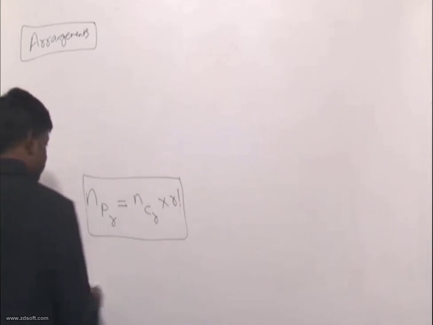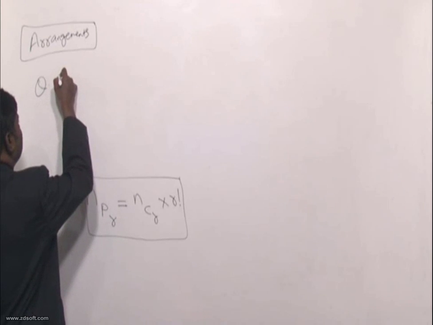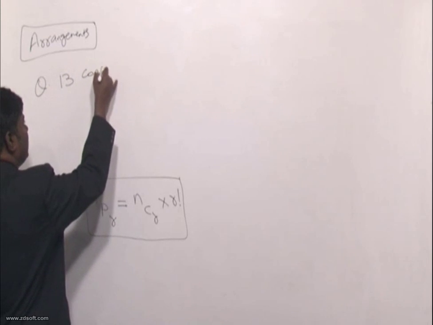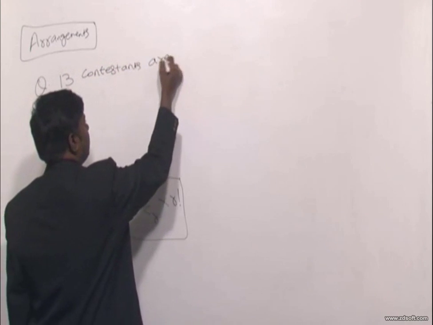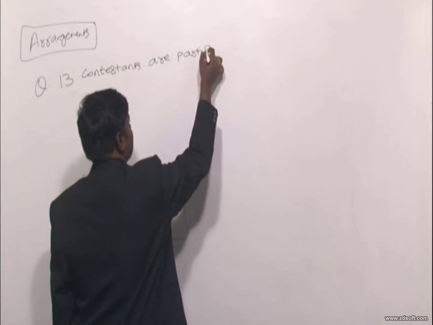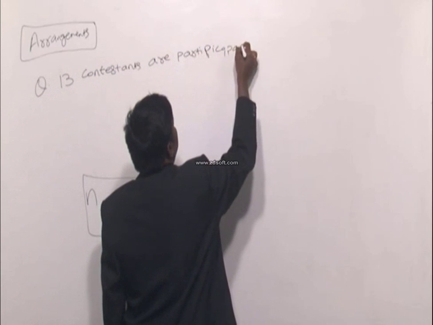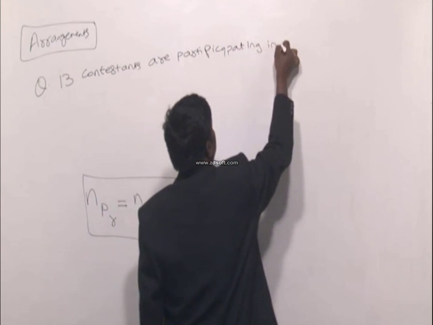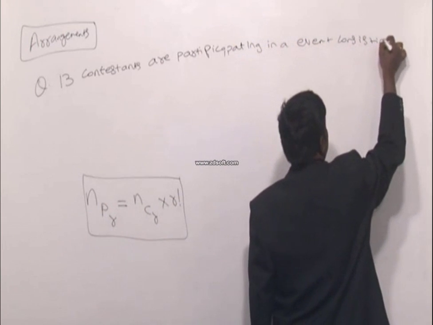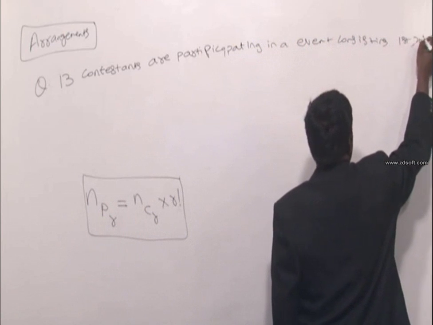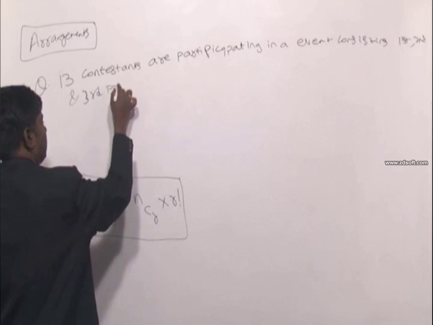Okay. Thirteen contestants are participating in an event consisting of first, second and third prizes.